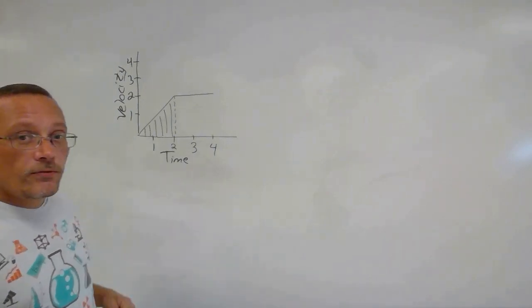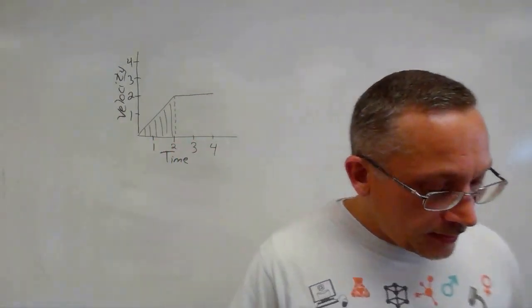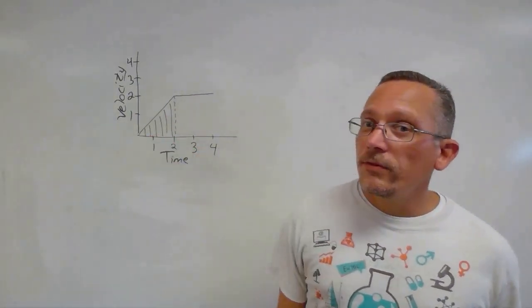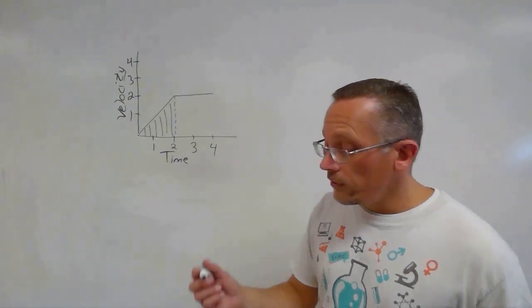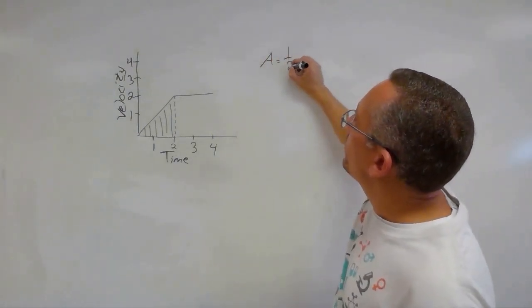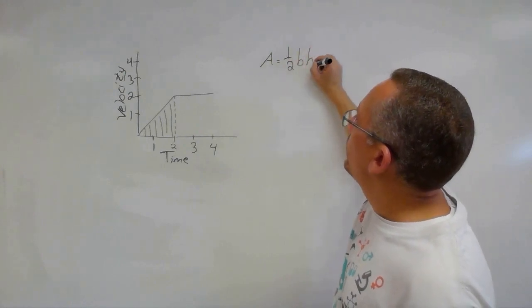Can we find the area of that space? You can see what shape it is. That's a triangle, and you know how to find the area of a triangle. The area of a triangle is 1/2 times the base times the height.